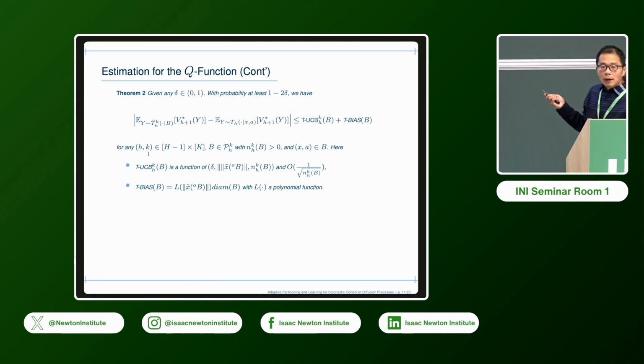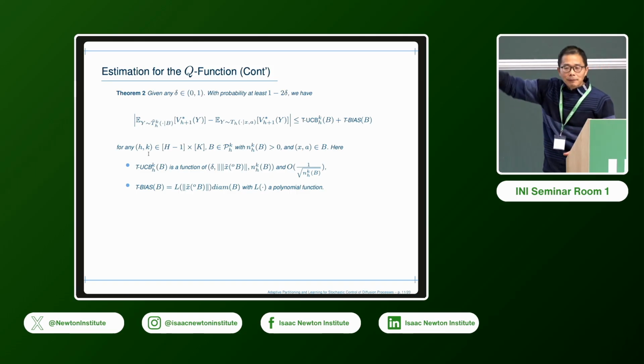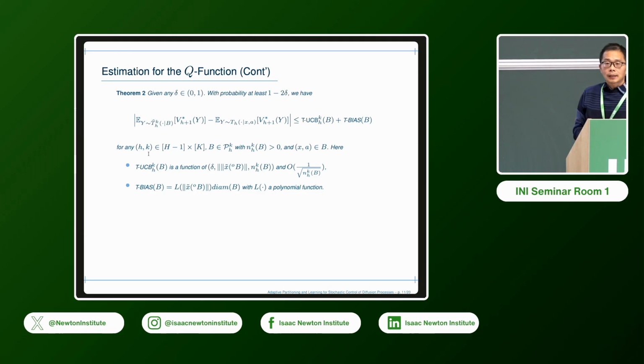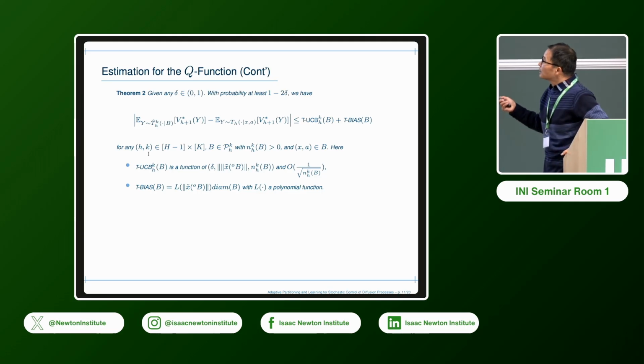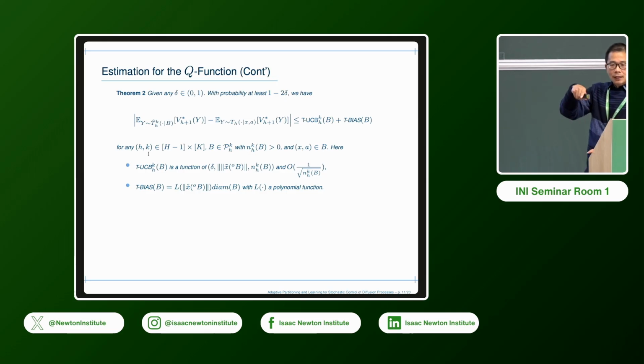Again, it consists of two parts. The first part, T_UCB, is much more complicated than the previous one, but it is an infinitesimal of 1 over the square root of n_h^k(B). And the second bit, the bias term, is some constant or some function of the current state.